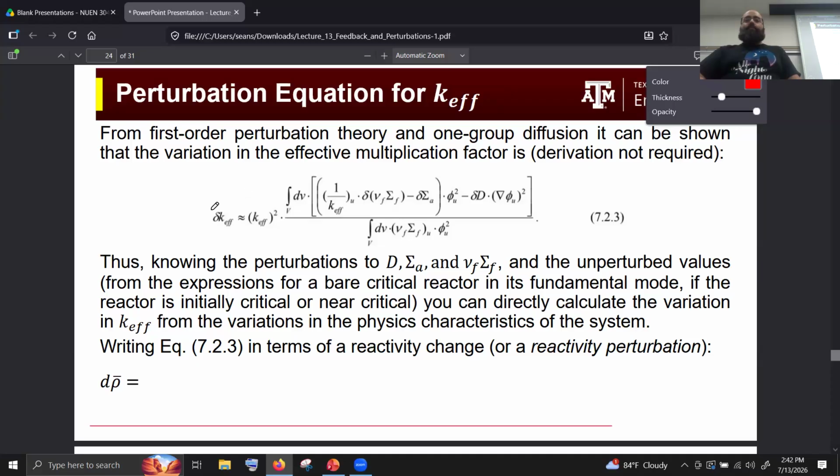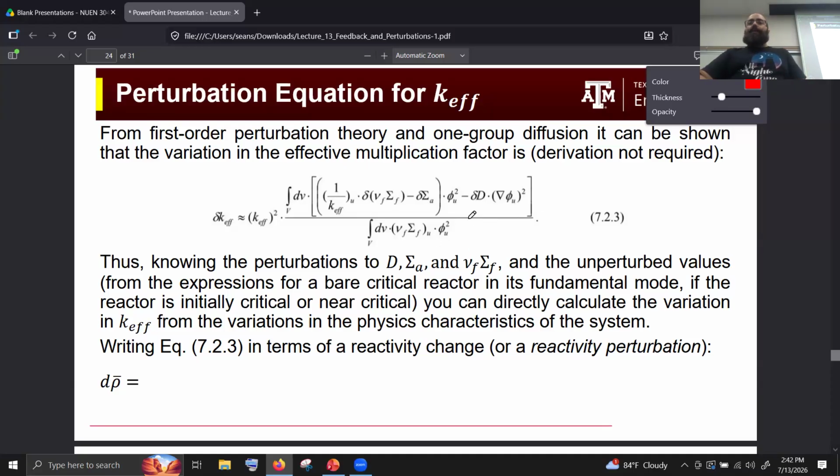This is the perturbation in K effective due to perturbations in various quantities. You could have a perturbation in nu f sigma f, a perturbation in sigma a, or a perturbation in the diffusion coefficient, and by perturbing those inputs, they are going to affect the multiplication factor of the system.